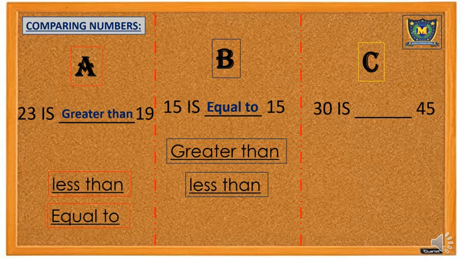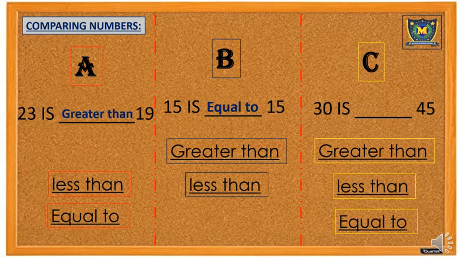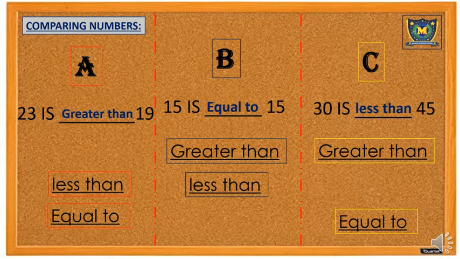So the two numbers being compared here is 30 and 45. Now what is 30 compared to 45? Here are the choices: greater than, less than, and equal to. And the answer for this is less than. So 30 is less than 45. Atong binisayon, ang 30 is gamay pa kaysa 45. Okay? That's how it is done.